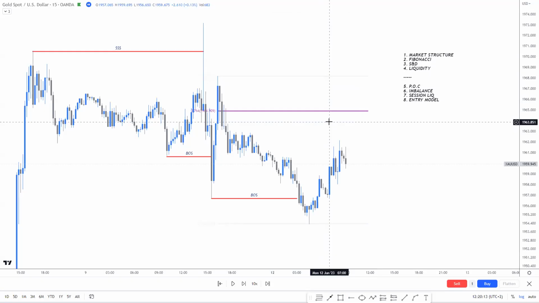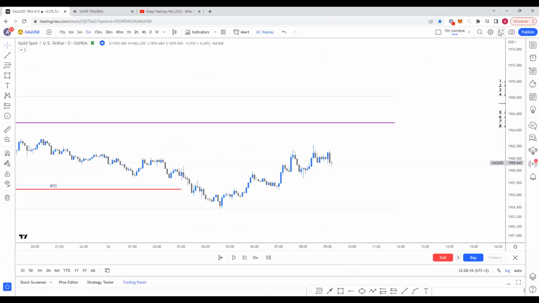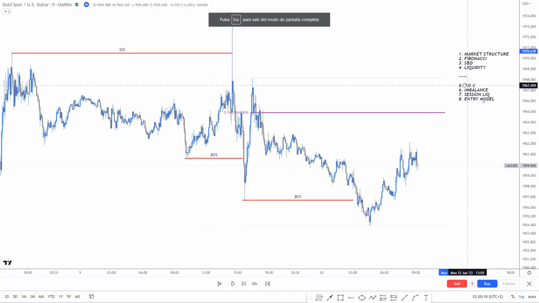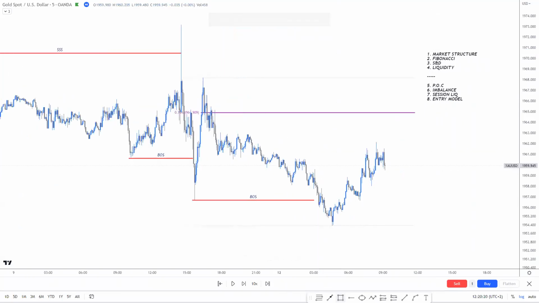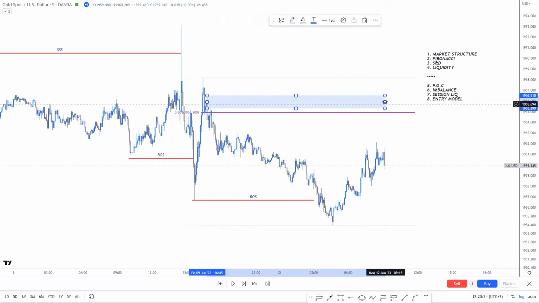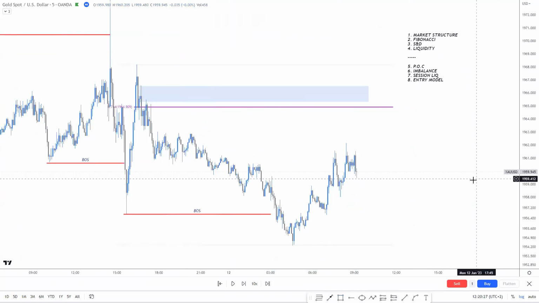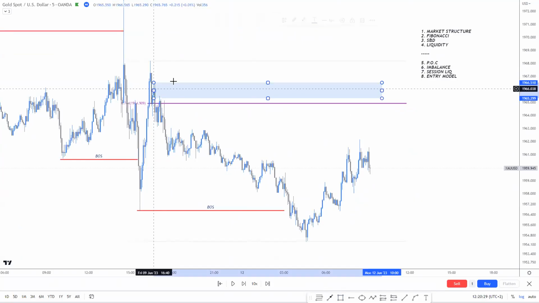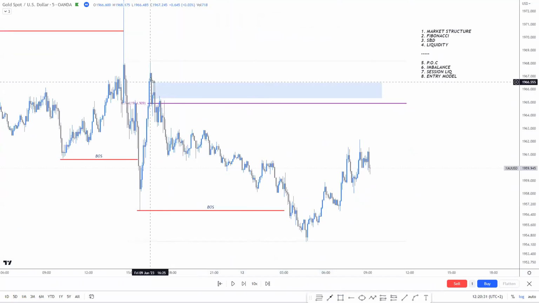In this case, I went to the lower time frames, like the 5-minute time frame, and I actually grabbed this one right here. Although later on you will see how price came directly to this one above. Okay, the sniper entry was on this one.